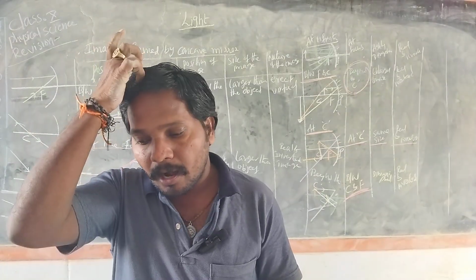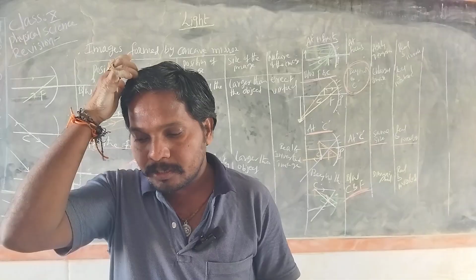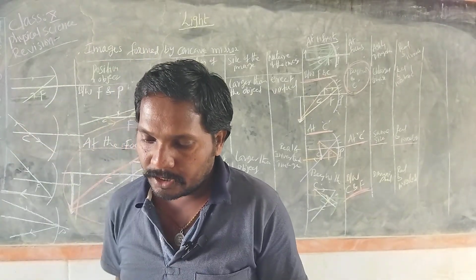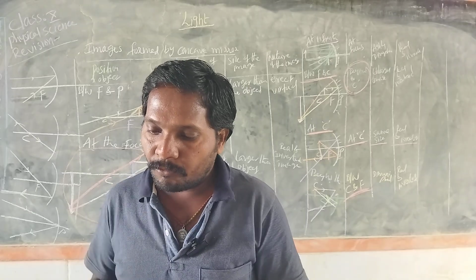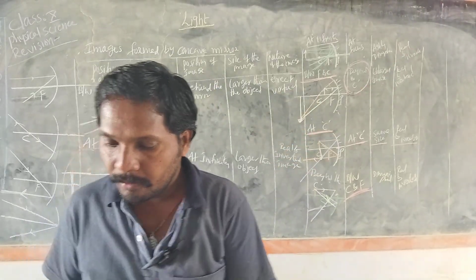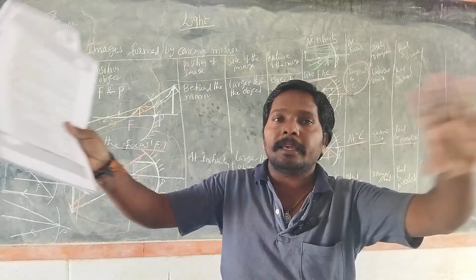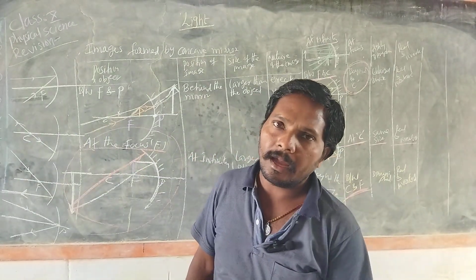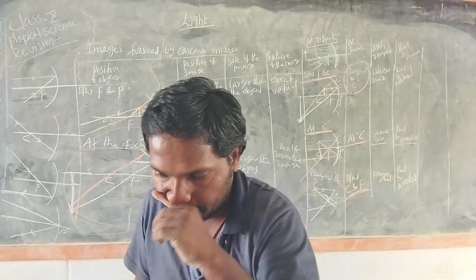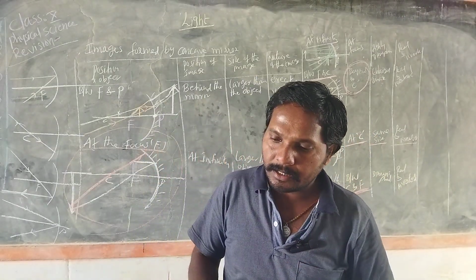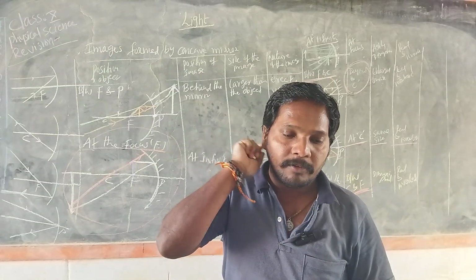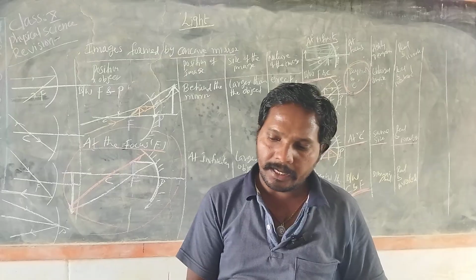The image formed by a convex mirror is highly diminished, much smaller than the object, due to which a convex mirror gives a wide range of view. Means it covers a larger area, and forms always erect and virtual images. So convex mirrors are used as rear view mirrors in vehicles.